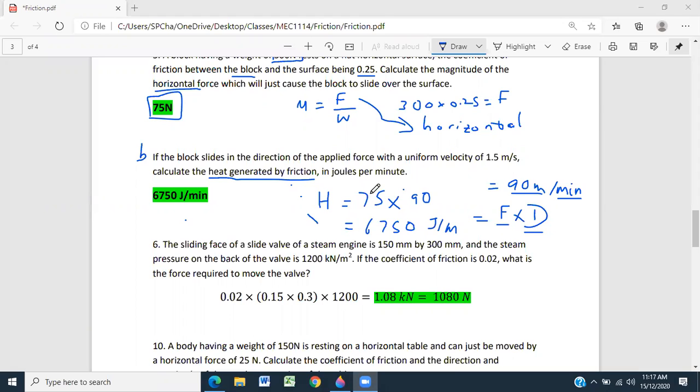Okay, so any questions about this? One quick one, sir. Even though they say heat generated by friction, they basically mean work done. It's just another way of saying find the work done. Friction is trying to slow down this box, generating heat in the process.